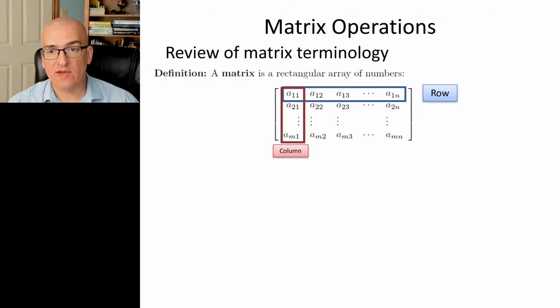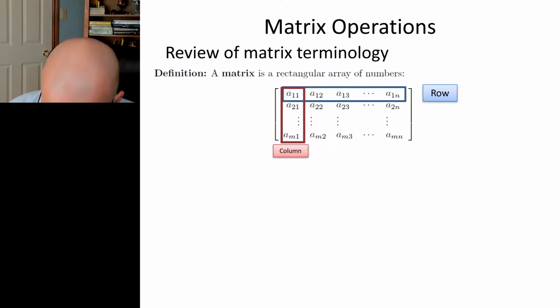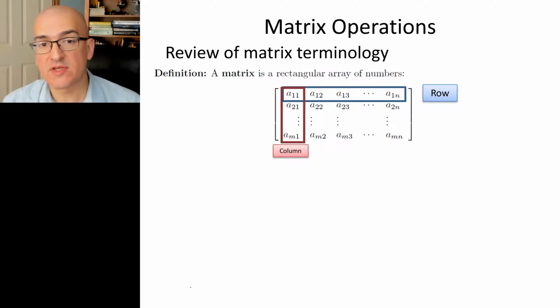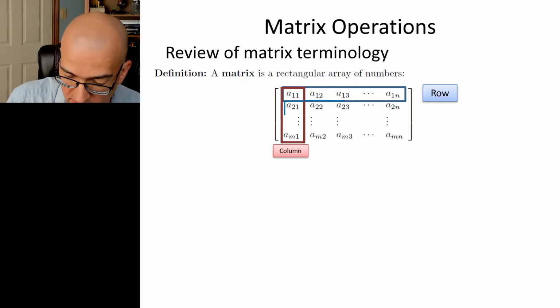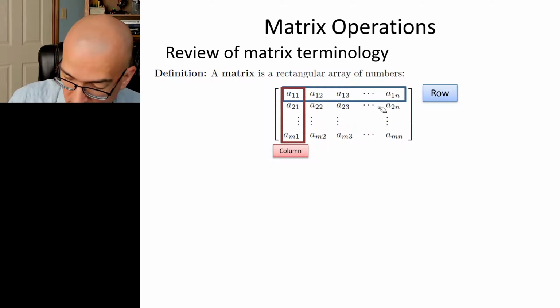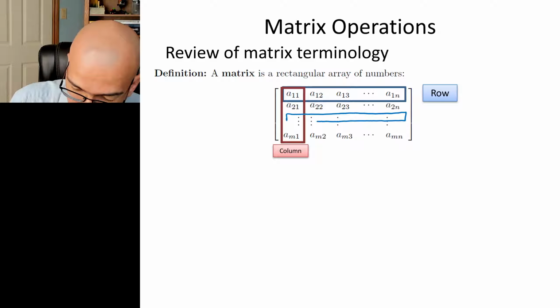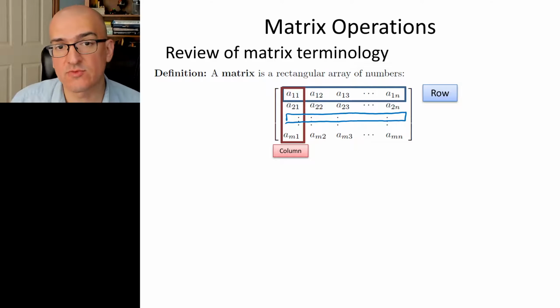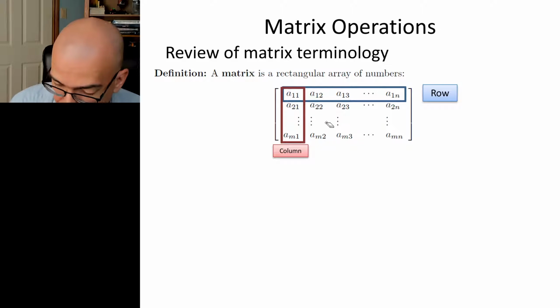The rows go left and right. So that first row is the one that's highlighted in blue. The second row would be the one that's directly below it. So I'll highlight that. That would be row 2. And then row 3 would be below that. It's not shown, the numbers are not indicated for it, but it would be the next row beneath row 2.